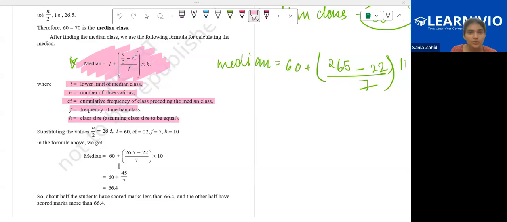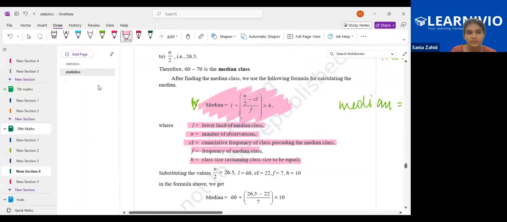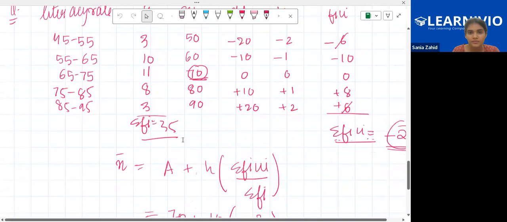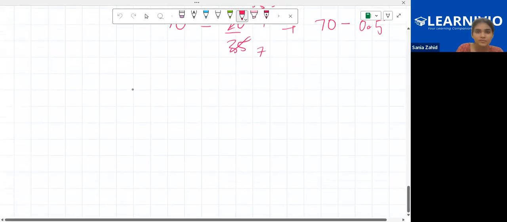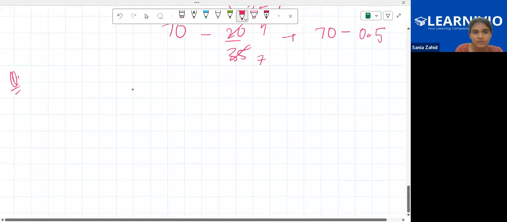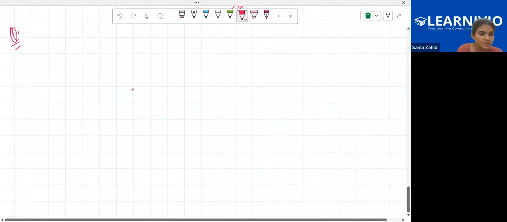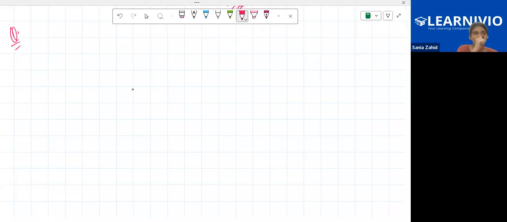Okay. Now we come to one more question. The question is telling you that a survey of height was conducted of 51 girls in the class. So height in centimeters is given to you.